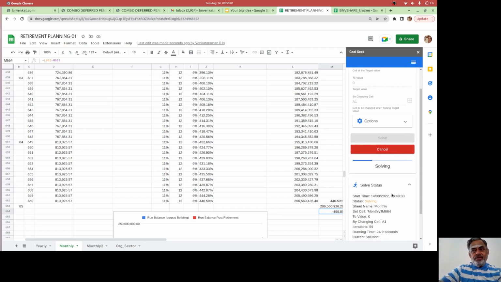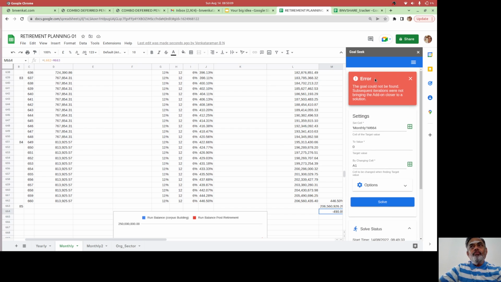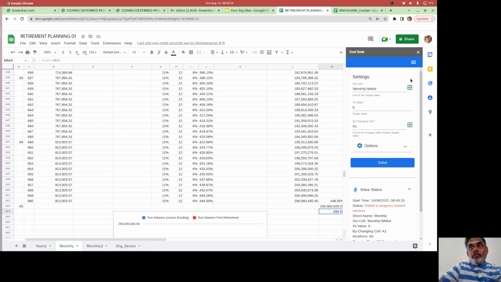Yes, now it stops at 59. 59 iterations have taken place, and we have calculated it. It shows an error just because the result is not exactly matching the target of 0 which we have given. Therefore, this is the nearest value. Let us close it.